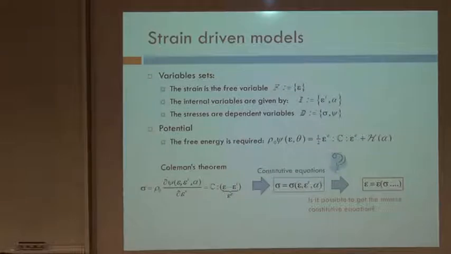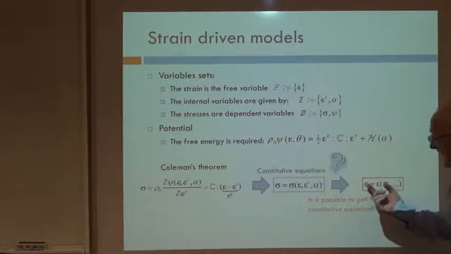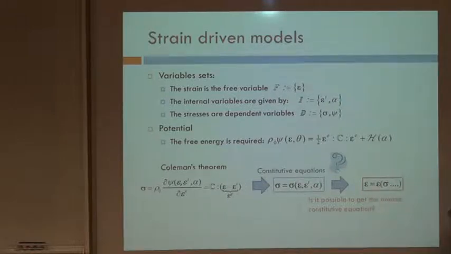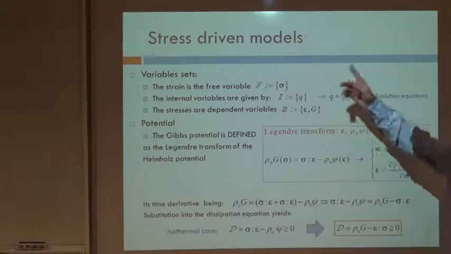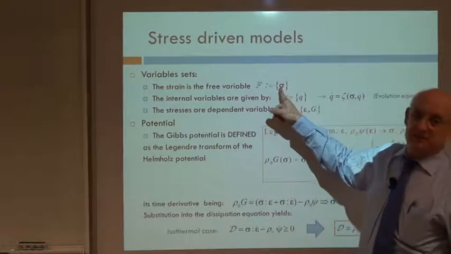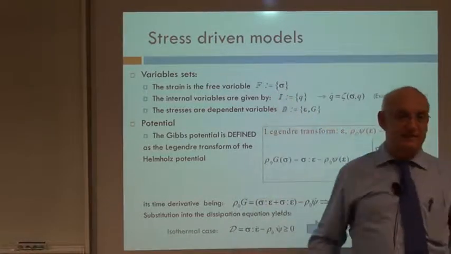We may need it. Okay, we saw in elasticity that it's very easy to do that. But what about in general cases? What is the framework to derive a constitutive equation in which the strains depend on the stresses? So I assume that I know the stresses and I want to know the strains. In that framework it is almost trivial. Just start again taking as free variables the stresses.